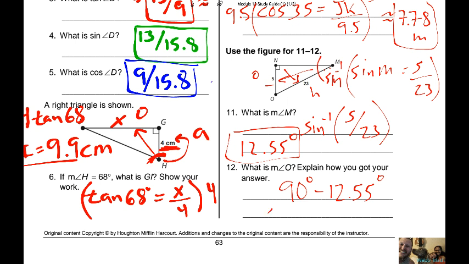You just found angle O, which is 77.45 degrees. You could also use trig, and you could use a different reference angle. I think this would be adjacent over hypotenuse, so you would use inverse of cosine, but you should get the same answer.